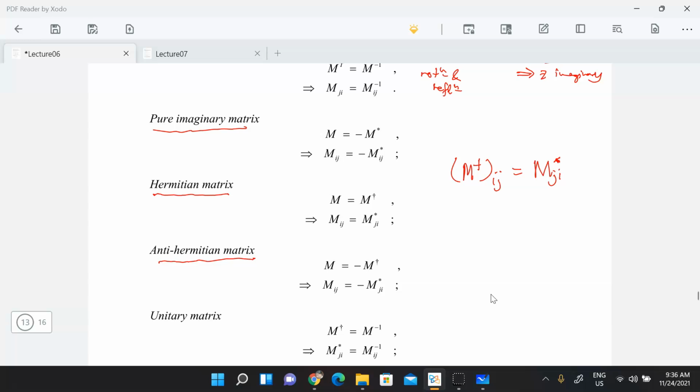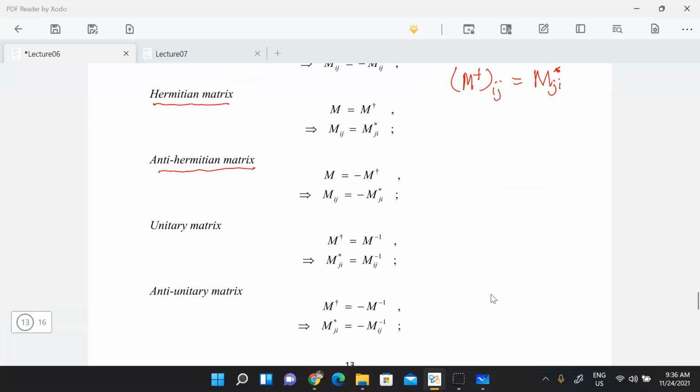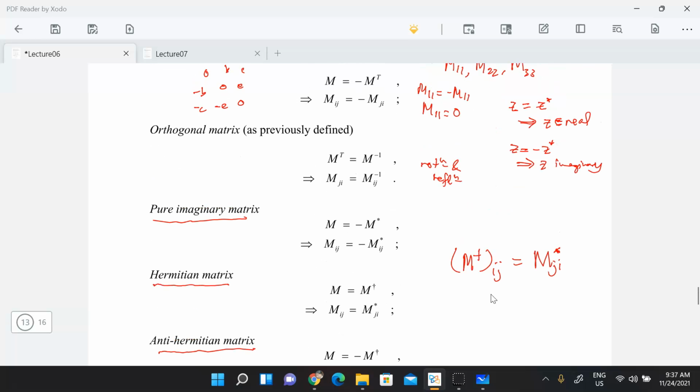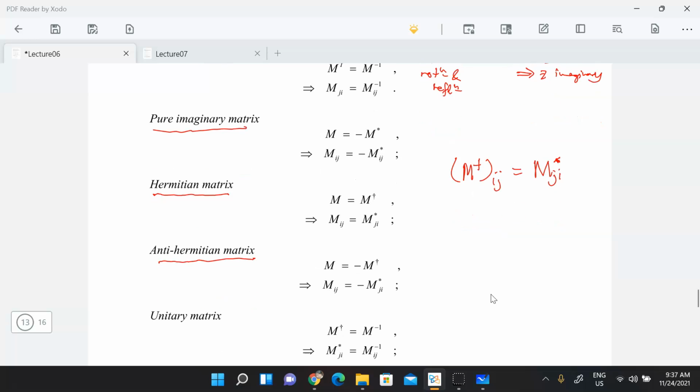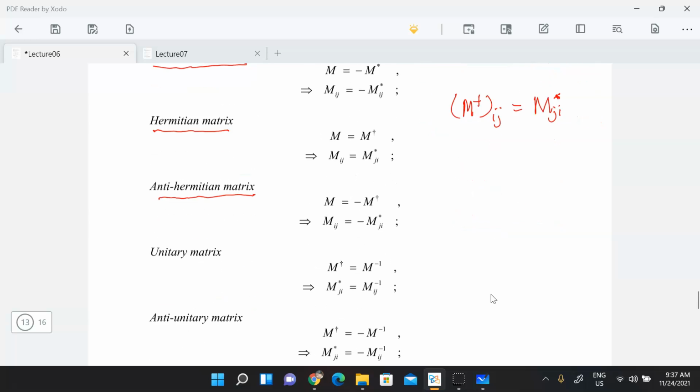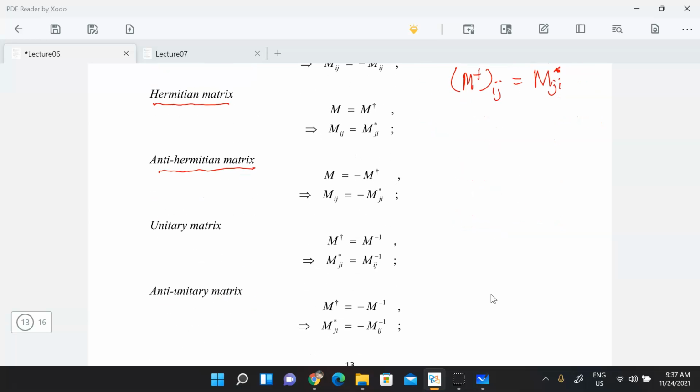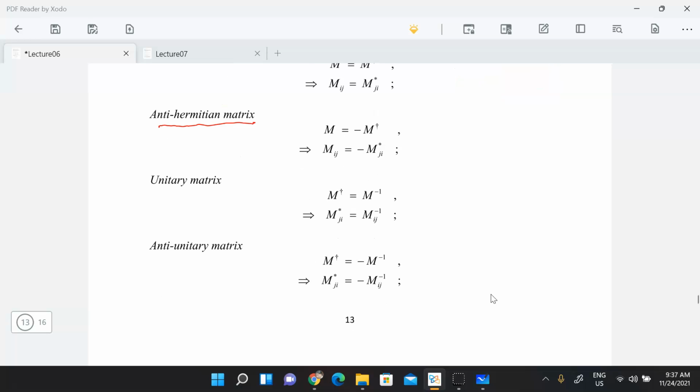Okay. Now there is another one, the relationship that we have for the orthogonal matrix. We can also try to impose that in the case of a complex matrix. So if one has your M dagger, remember M dagger is M transpose conjugate.